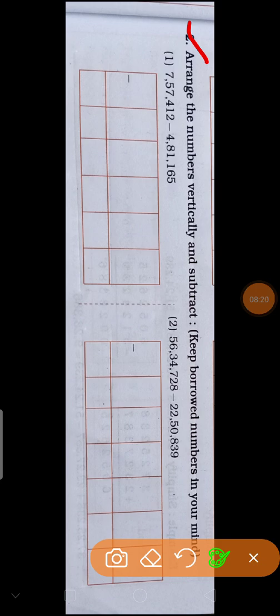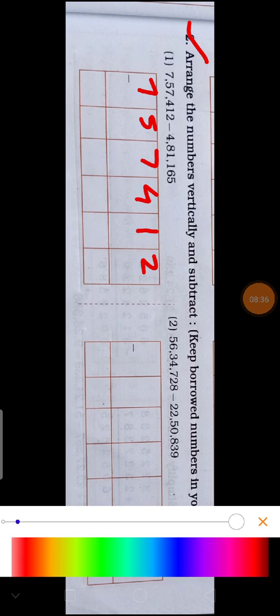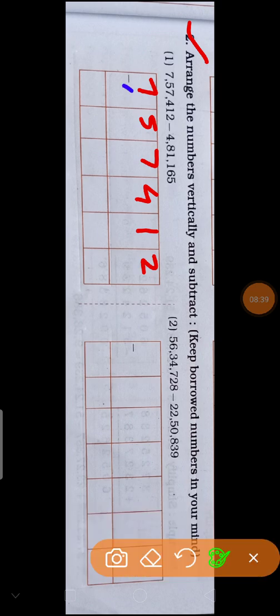7,57,412 minus 4,81,165. See, 7,57,412. Okay, minus the next number, 4,81,165.